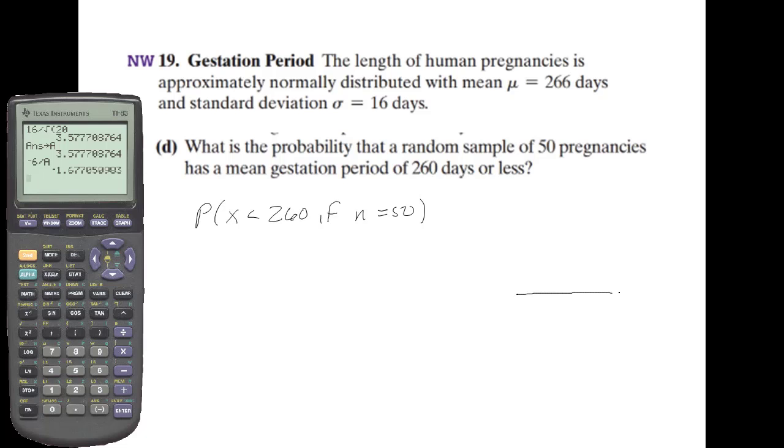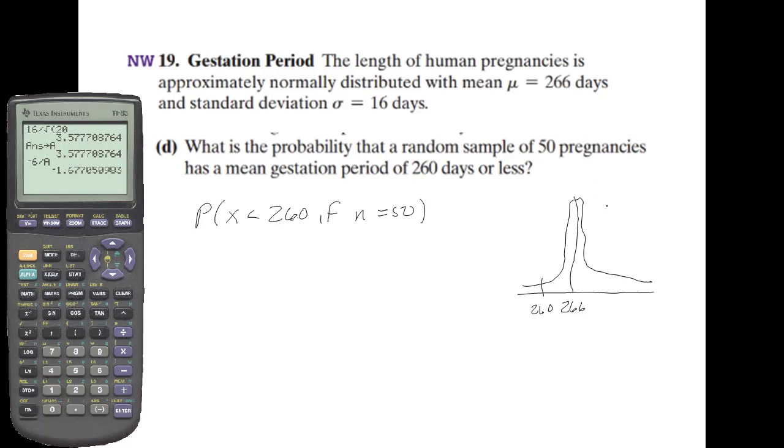So now, that's even going to be a skinnier distribution. That's going to be hecka skinny. I know that the mean is still 266, because that always happens that way, and my 260 is over here. But I'm not sure what the sigma of X bar is here. I'm going to have to go calculate that.